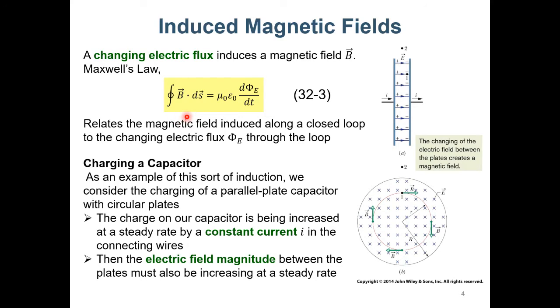On the left-hand side, it is the line integral of B dot ds for an Ampere's loop.